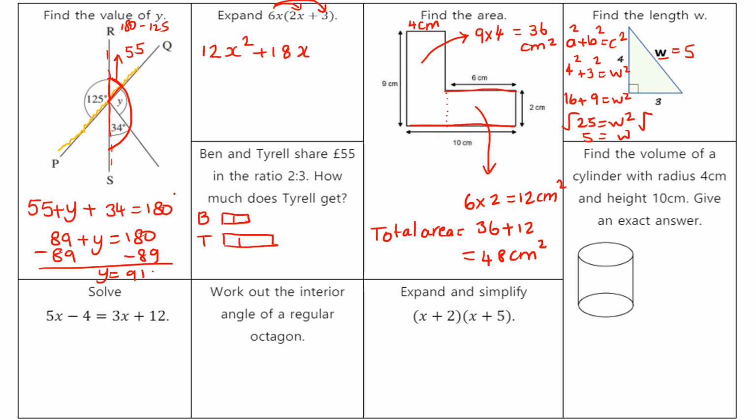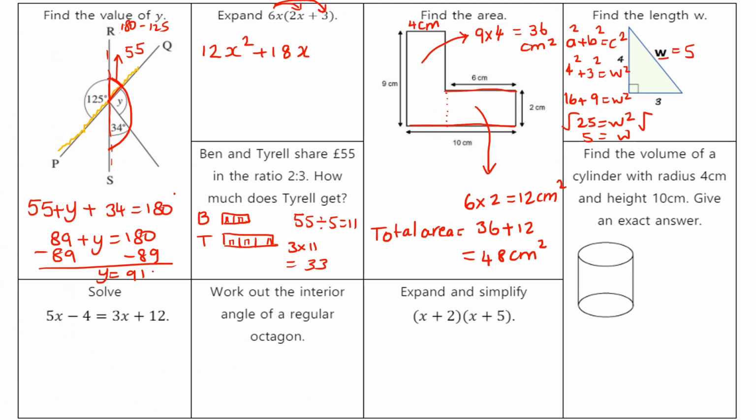So altogether we've got 5 equal boxes that 55 needs to be divided into. So if I do 55 divided by 5, each box is going to be 11. And this means Tyrell's going to get 3 times 11, which is 33.